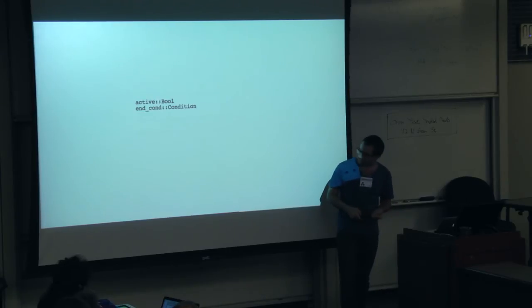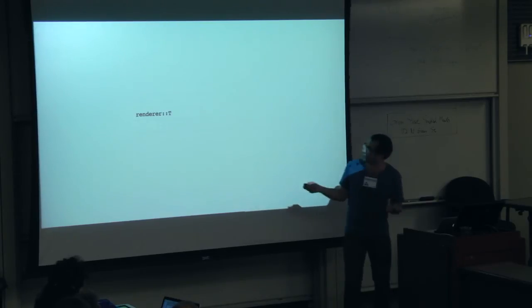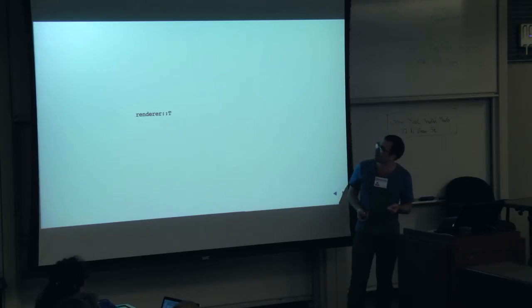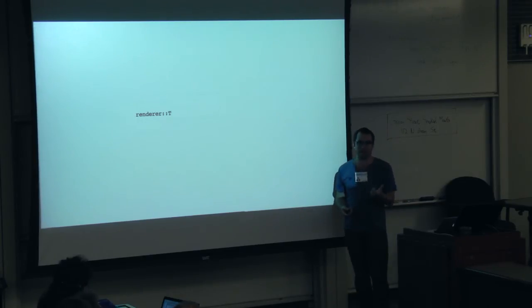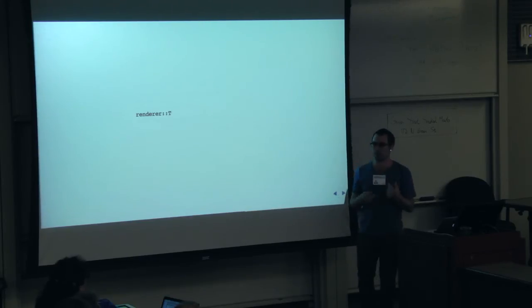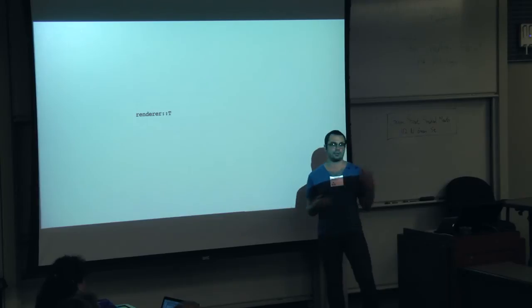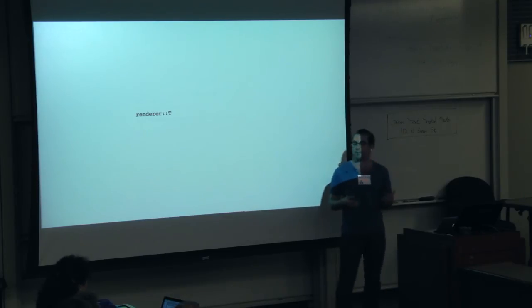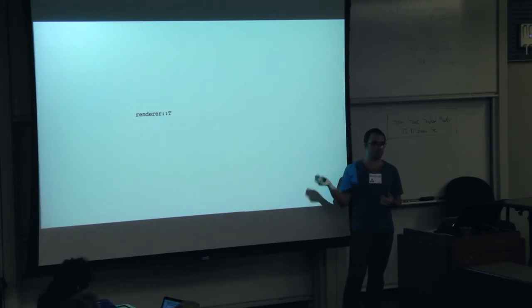So the renderer is basically how I handle that now. All of the specialized functionality, the difference between playing a sinusoid versus playing a bunch of white noise, happens inside of this renderer type.